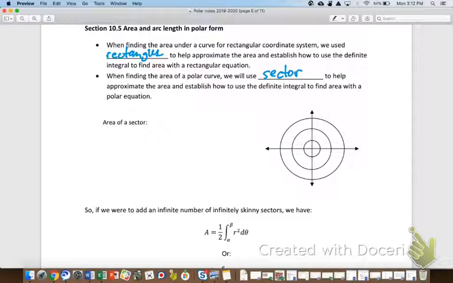So I'll just give you a brief example using a kind of a deformed cardioid there. Do you guys see how if I tried to use rectangles here, it's a really confusing mess?